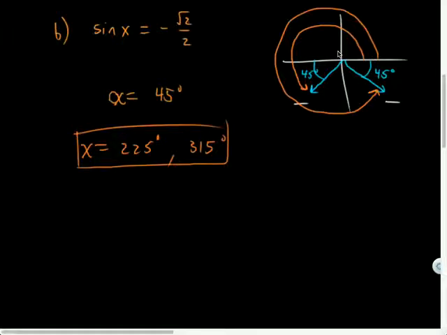Now it turns out that there is a technique for finding the angle of a trig ratio when I know the ratio and not the angle. All right. Now think about the trig functions. A little side note here.